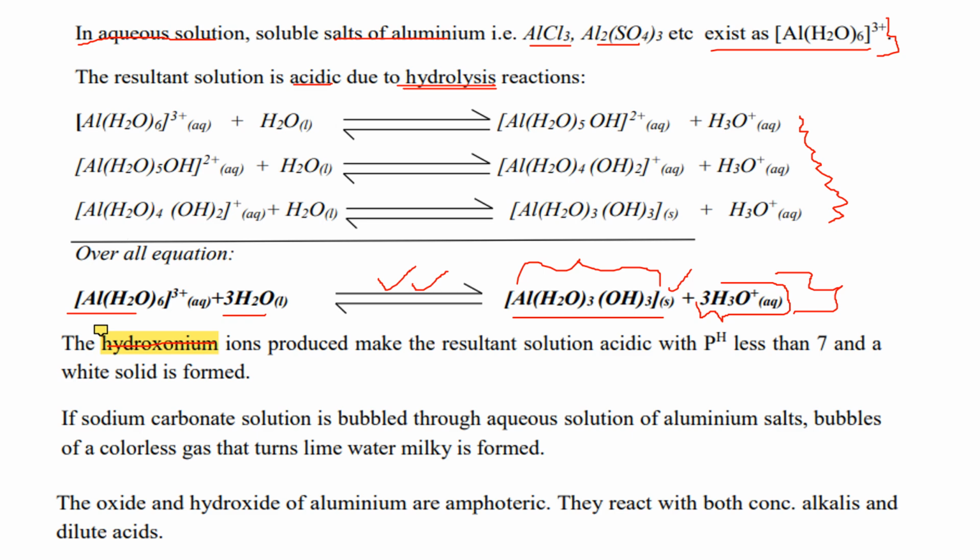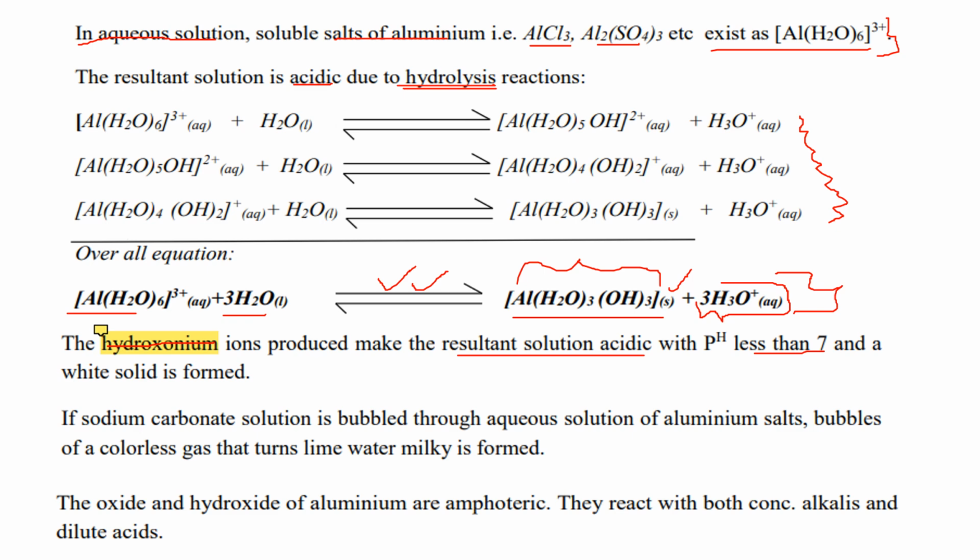The hydrogen ions or protons produced make the resultant solution acidic. And once it is acidic, our pH is always going to be less than 7. And the white solid, which is aluminium hydroxide, is also formed. So you have to pay attention to that.